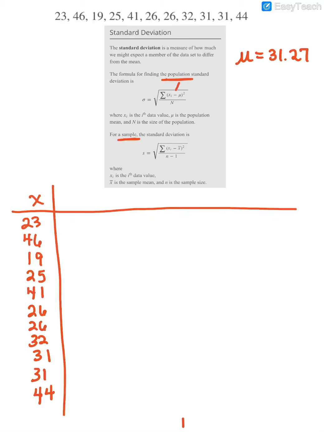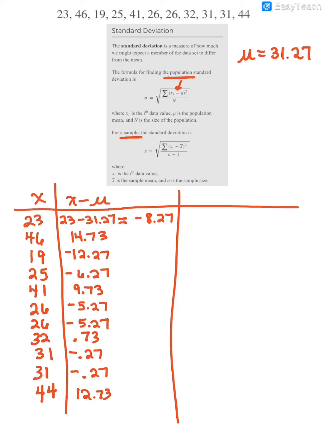And notice in parentheses here, we're going to take each of those values and subtract the mean. By all means, get on a calculator. So for example, I've got 23 minus 31.27, and then I'm going to put that value there. I'm not going to write the rest of those. I'm just going to go ahead and do that part and come back to the video.